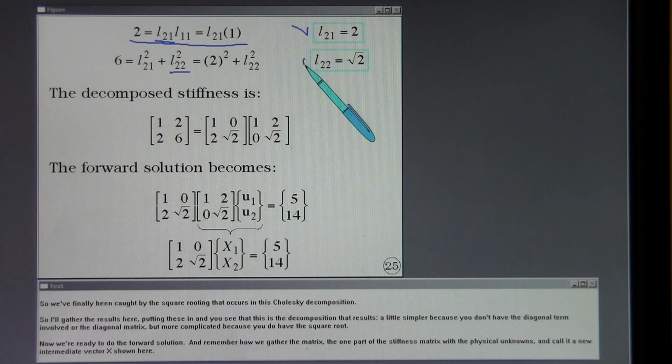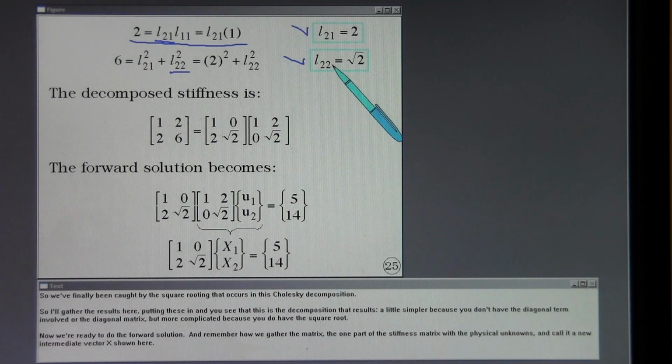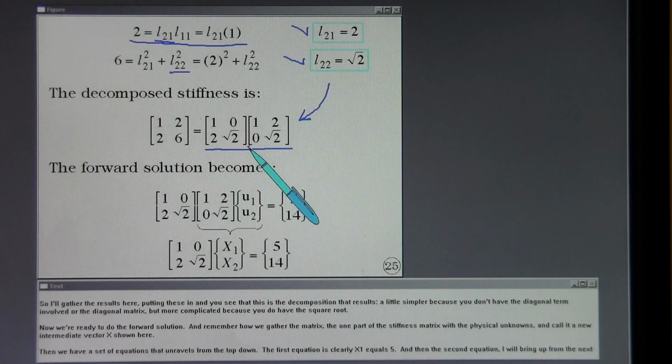So we've finally been caught by the square rooting that occurs in this Cholesky decomposition. So I'll gather the results here, putting these in, and you see that this is the decomposition that results. A little simpler because you don't have the diagonal term involved, or the diagonal matrix, but more complicated because you do have the square root.